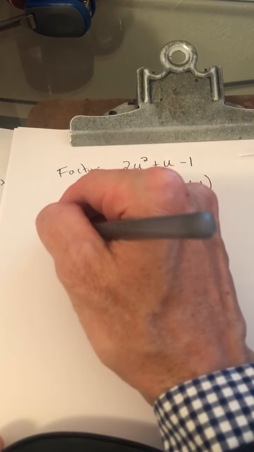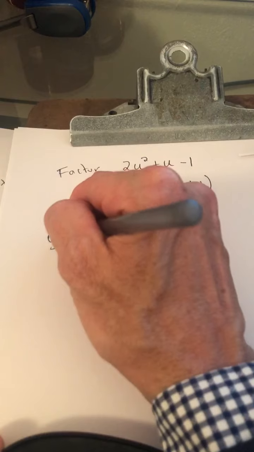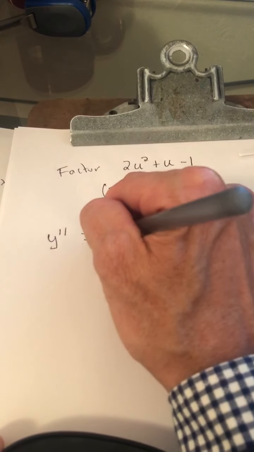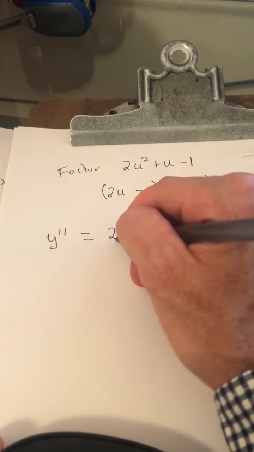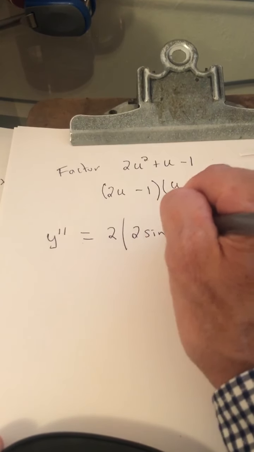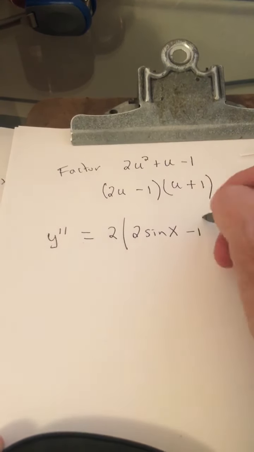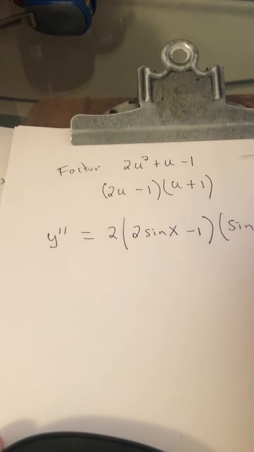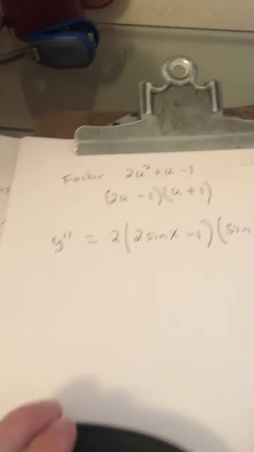So y double prime we can write as 2 times 2 sine of x minus 1 times sine of x plus 1.